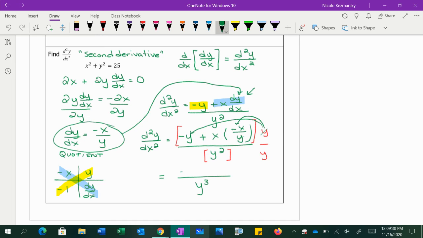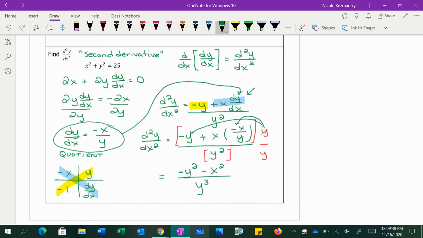So I'm going to be left with -y squared, because I did y, the y on the outside, the red y, times the green y. And then the y's in the next term canceled, so I'm just left with -x squared.